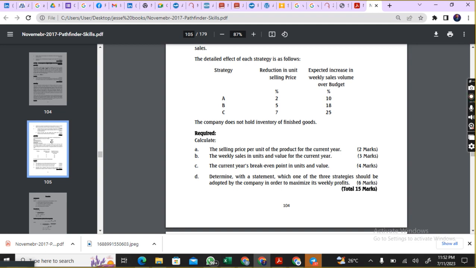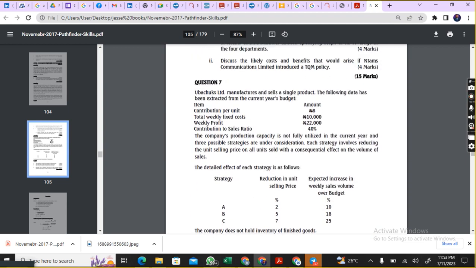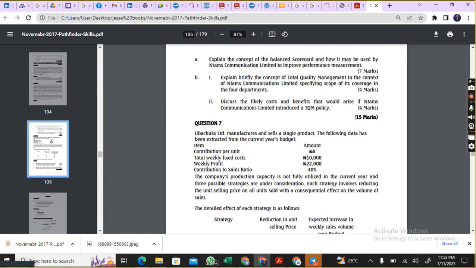I don't even know. I think let me check myself before. Sorry. Okay. But in this note now, the variable cost was not given. You can see now, selling price none, variable cost none. So how can we get our selling price in this matter?